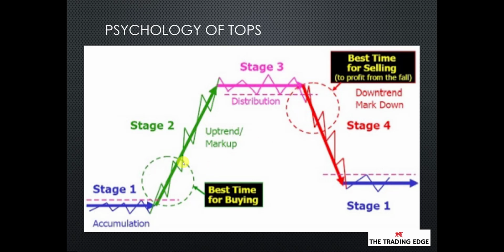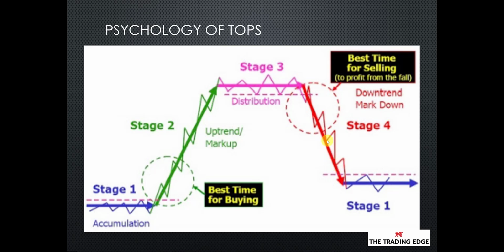This basically tests the mettle, the conviction, of anyone who had bought during the markup phase. They sell it off, and if you come late to the game, you get stopped out, or even if you buy down here, it tests your conviction to see if you really want to hold on to that stock or that instrument, whatever it may be.